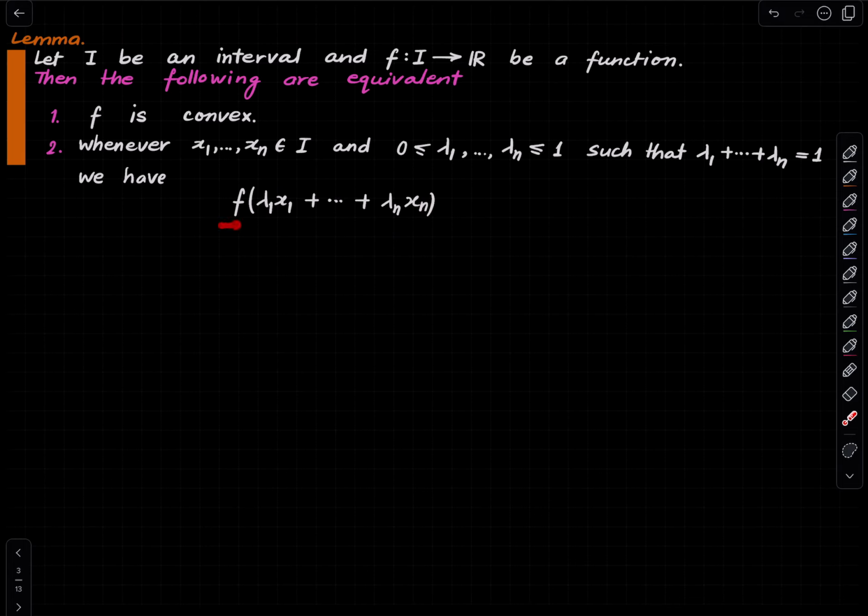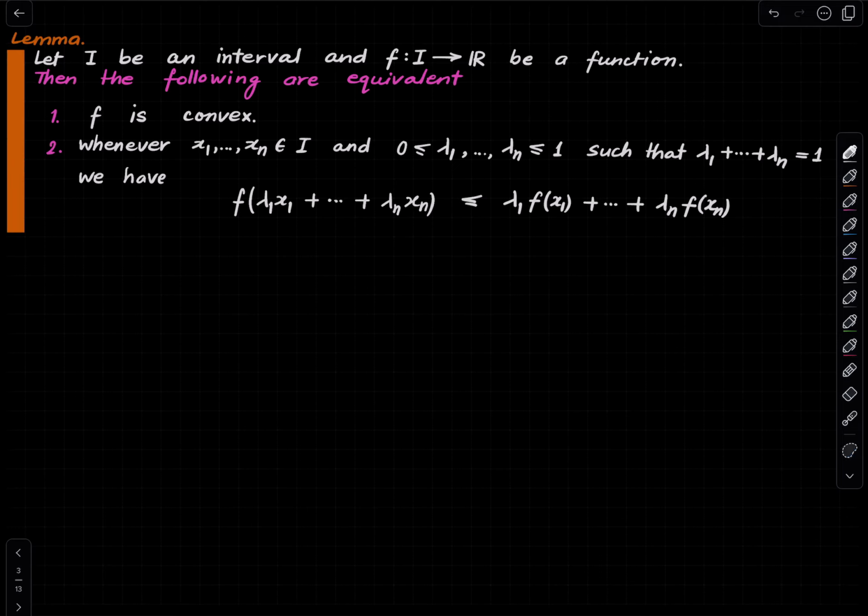So we have that f of the convex combination of the xi is at most the convex combination of the values of f, right? So this is our small lemma. It's hardly a lemma, but has to be stated and proved.